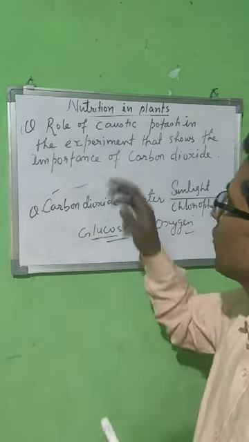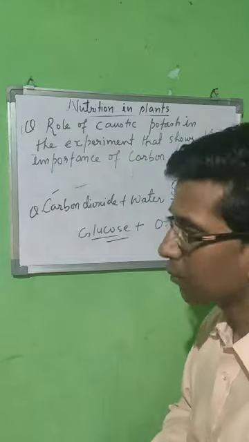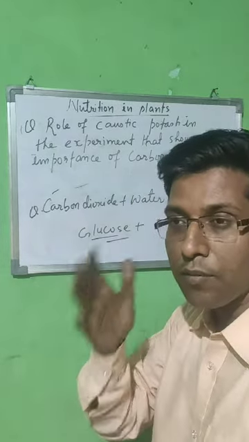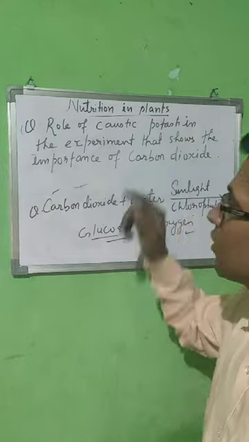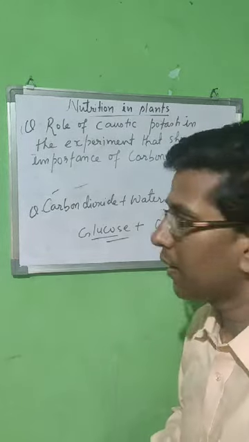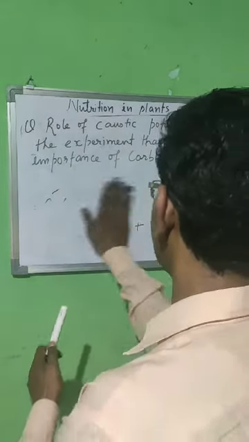So when we performed this activity on the importance of carbon dioxide, I think you remember we kept caustic potash. What is the reason behind it? Let me show you, then you will understand properly.